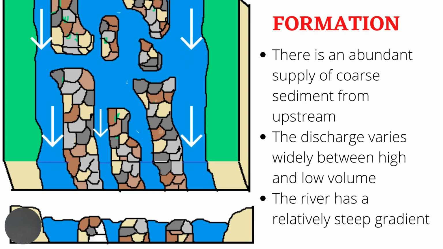That is, where there is high discharge during the wet season and low discharge during the dry season. We also will see braided channels where the gradient is a bit steeper.